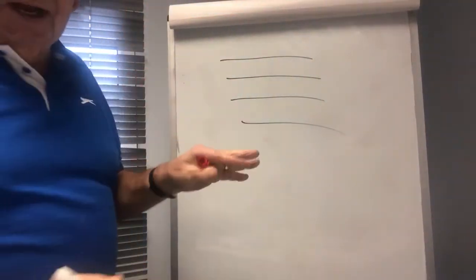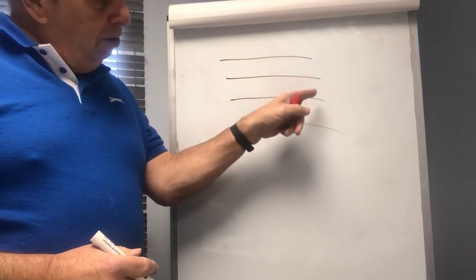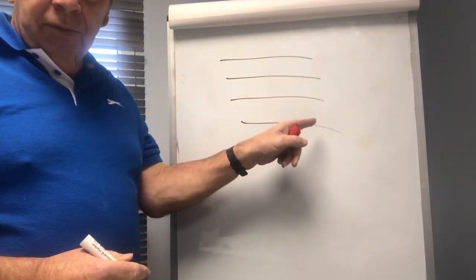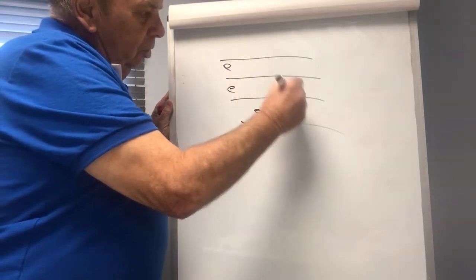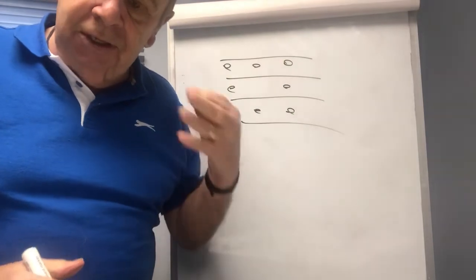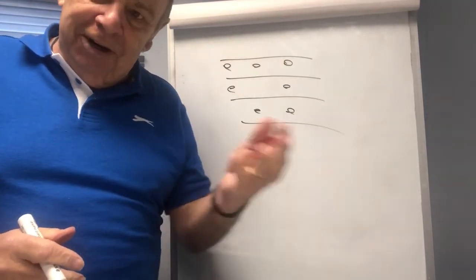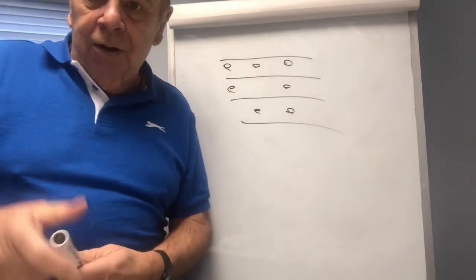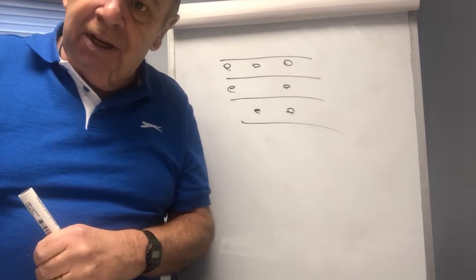These are hexagonal rings, and in between those layers you've got delocalized electrons. These delocalized electrons are free to move, so that's why graphite, unlike diamond, is a conductor of electricity.